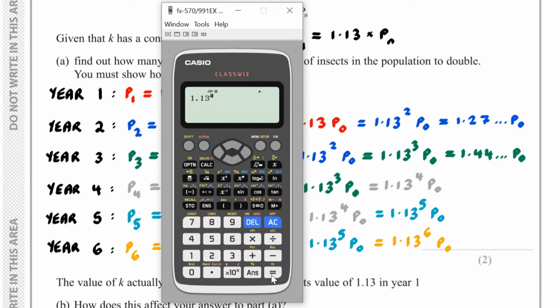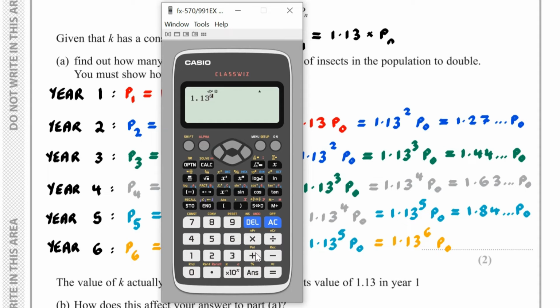Then where we've got 1.13 to the 4, it turns out here we have 1.63, etc. P0. And then where we've got 1.13 to the 5, we would have 1.84, etc. P0.